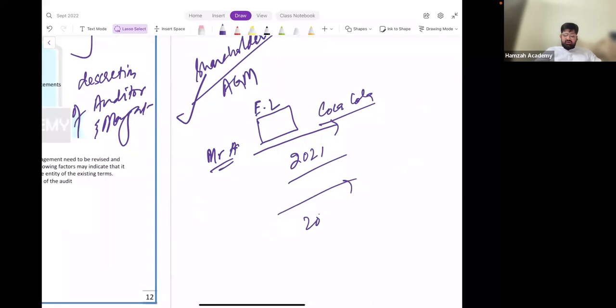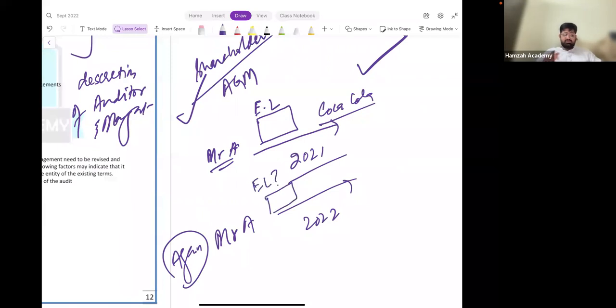Now the next year, Coca-Cola wants Mr. A to audit their financial statements again. Now the question is, does Mr. A need to submit another engagement letter next year? The answer is no.